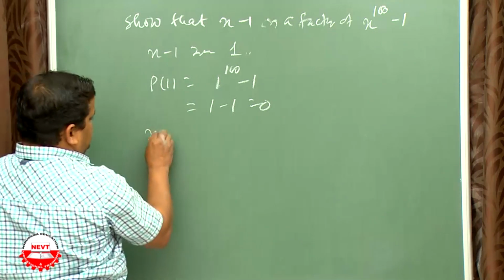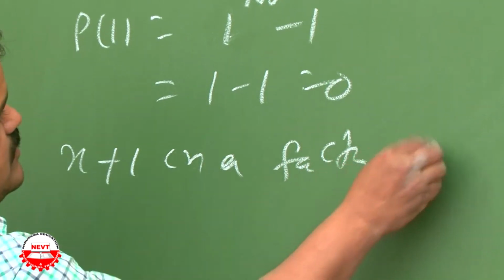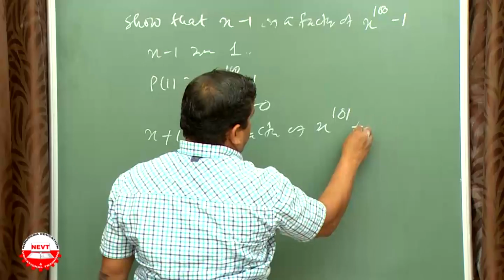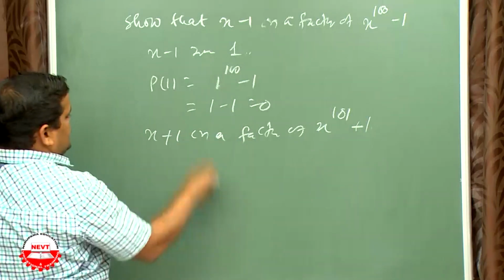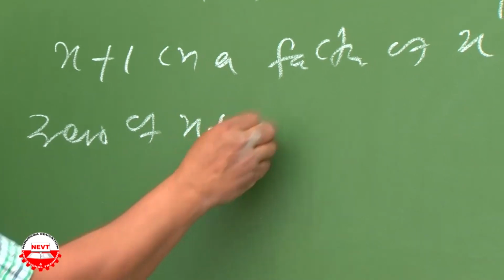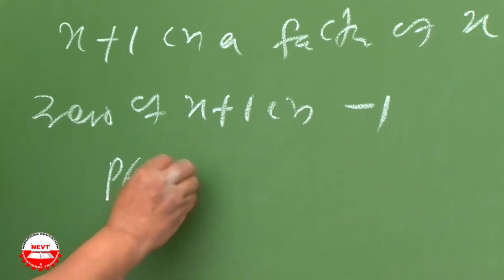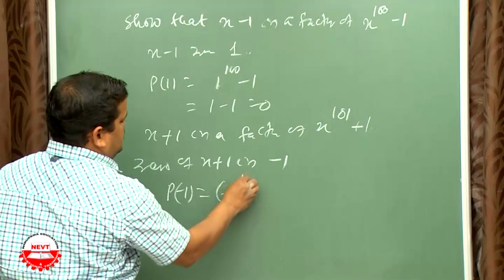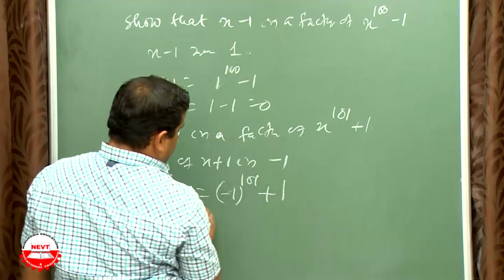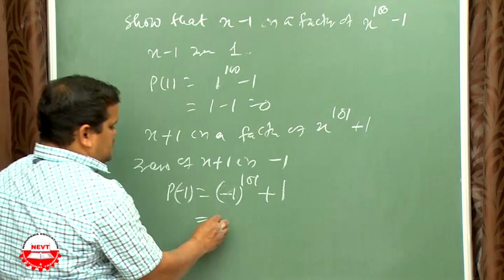Show that x plus 1 is a factor of x to the power 101 plus 1. That means the zero of x plus 1 is minus 1. So, p of minus 1 is equal to minus 1 to the power 101 plus 1. Minus 1 to the power 101 is how much? That is minus 1.